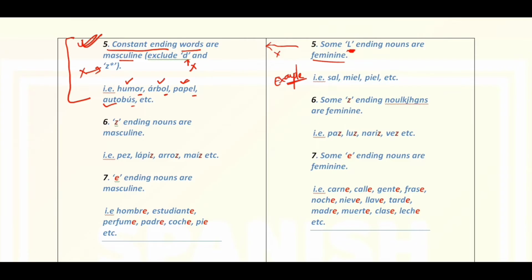Second example is miel. Piel. Sal, salt; miel, honey; piel, skin. We have 3 examples written. L is also a consonant, but these words are feminine in nature.